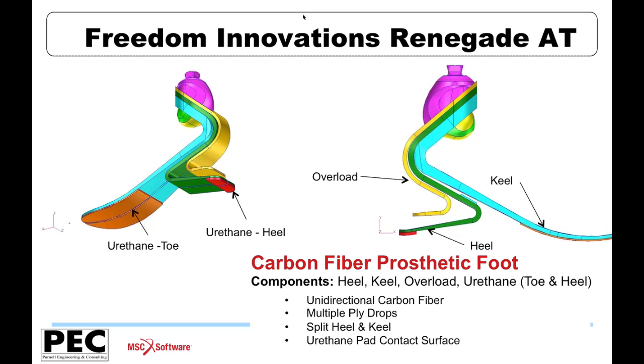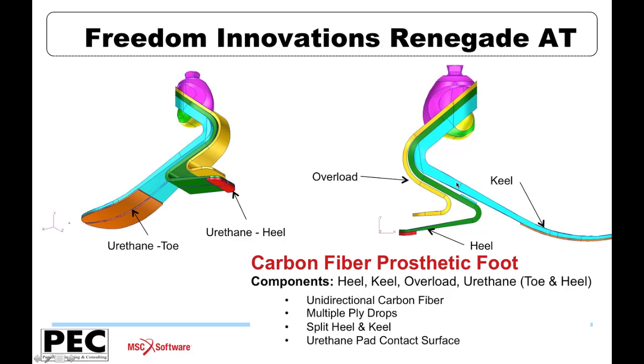Let's talk a little bit about some of the specific components of a particular carbon fiber prosthetic, names of the components, and a little bit of information on how they are constructed and designed. This primary portion of the foot that you see here is referred to as the keel.